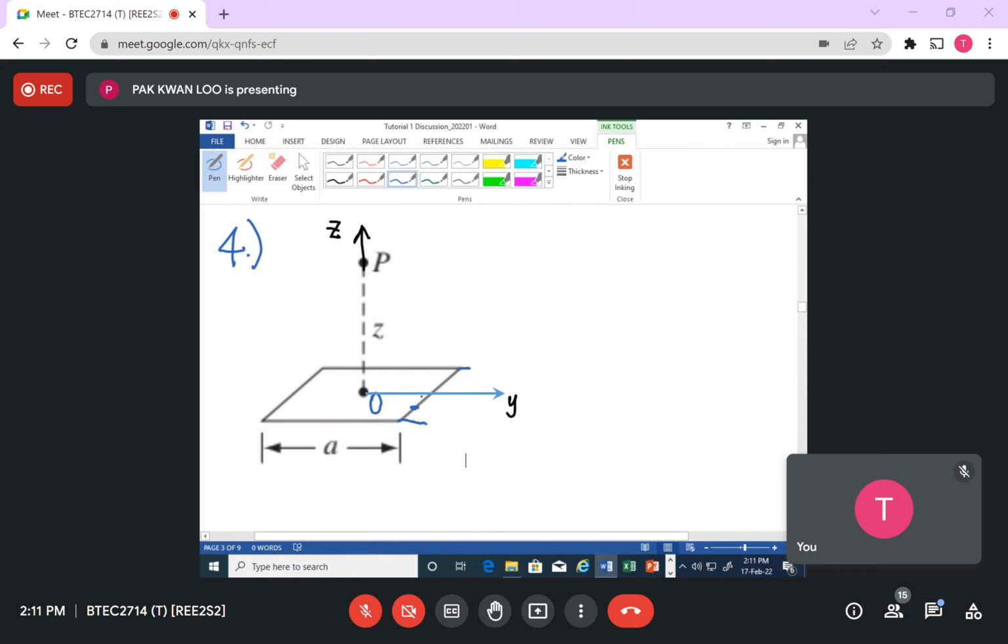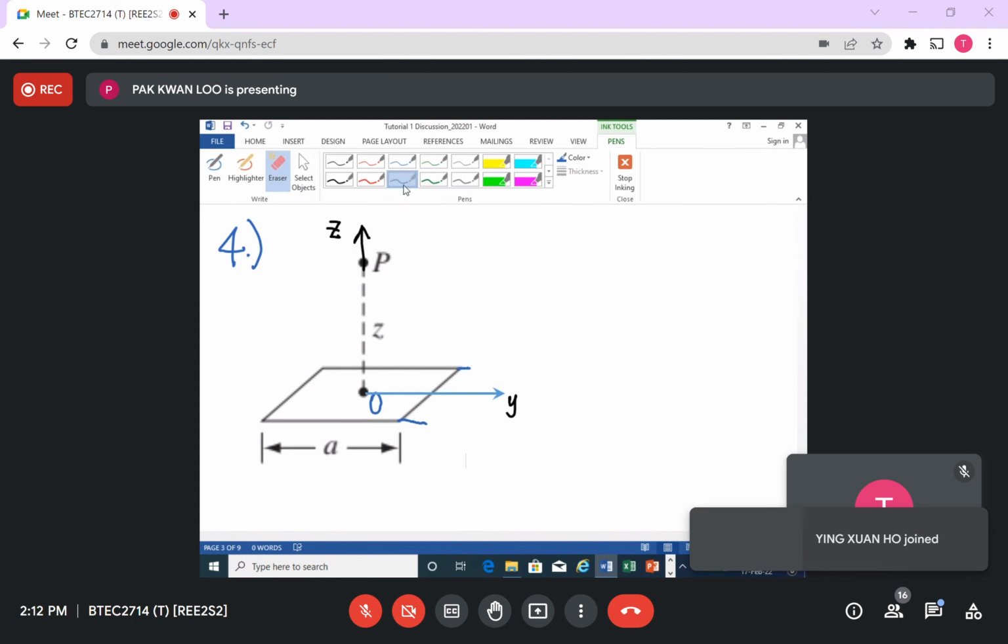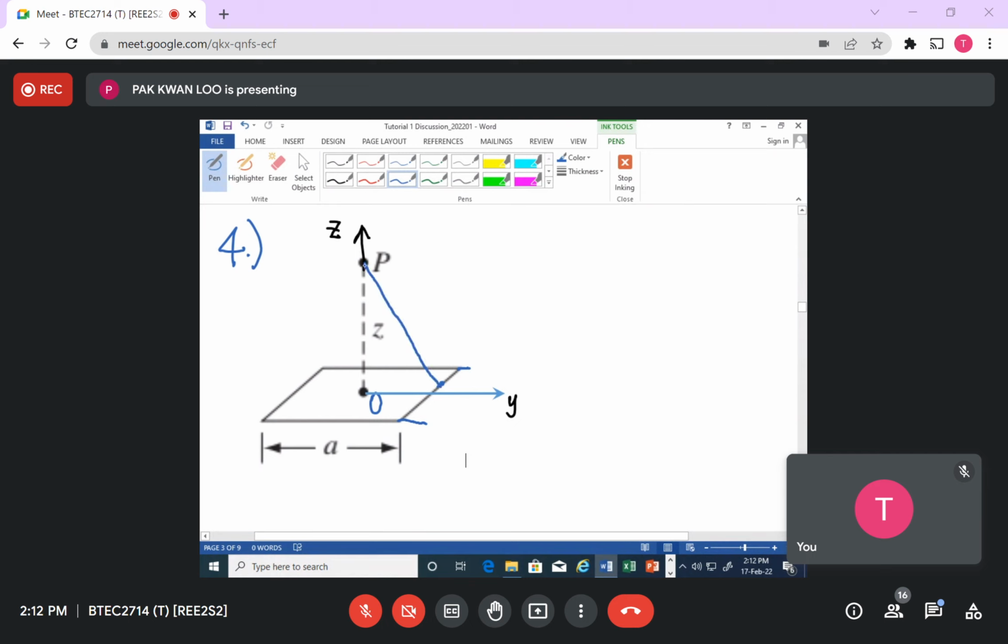So I put a blue mark. Say that there's a point charge here, contributing an electric field at point P.